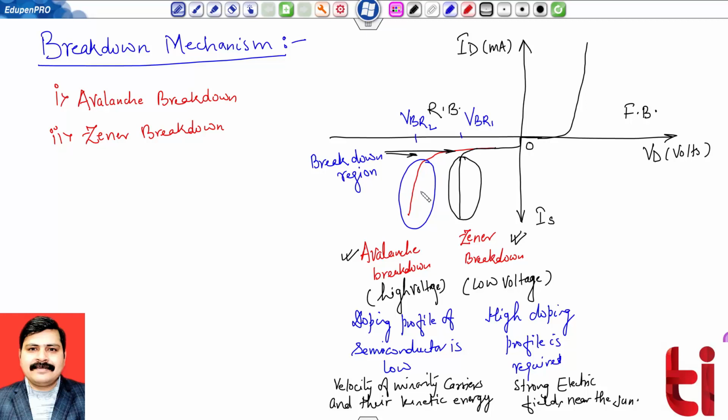In this reverse bias region, we have seen that practically the flow of current is possible due to the flow of minority carriers.